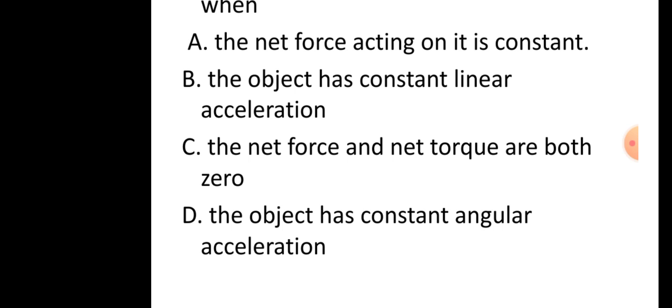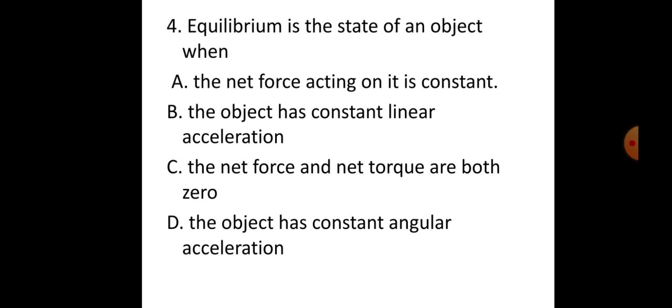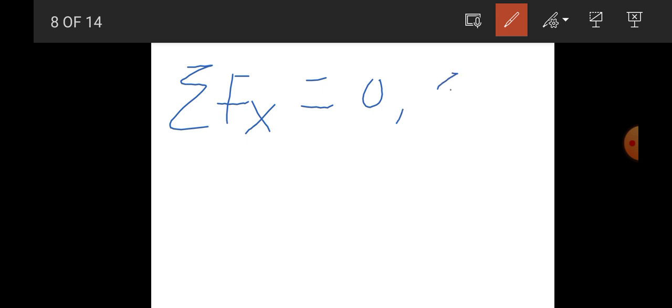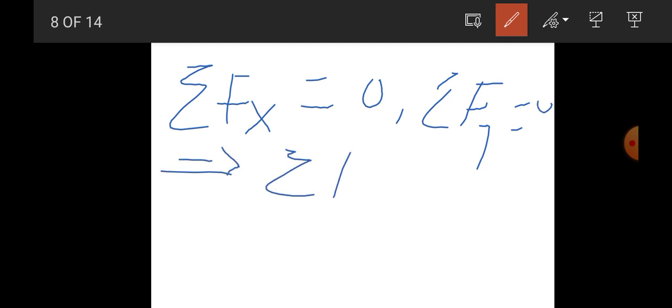The answer is C. The net force, look: the summation of force along x, if it is equal to 0, and the summation of force along y, if it is equal to 0, this implies the summation of force is equal to 0.